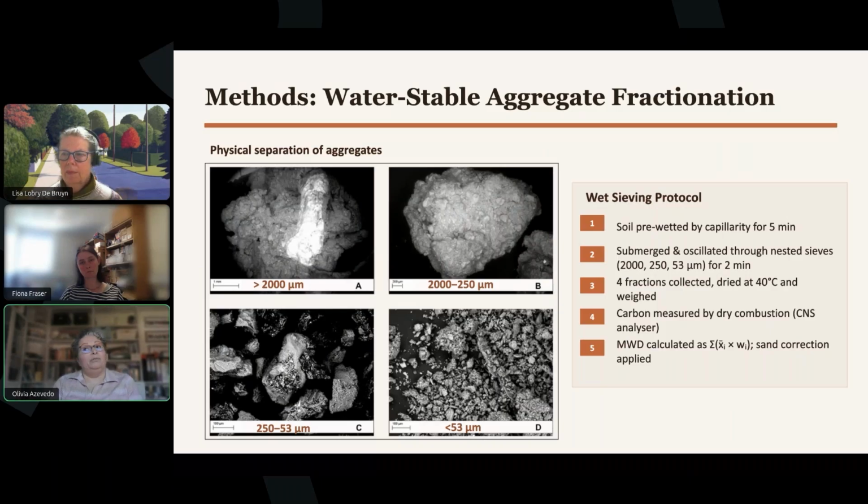The macro aggregates have a very rough, porous surface, and the silt and clay fraction looks almost granular by comparison.